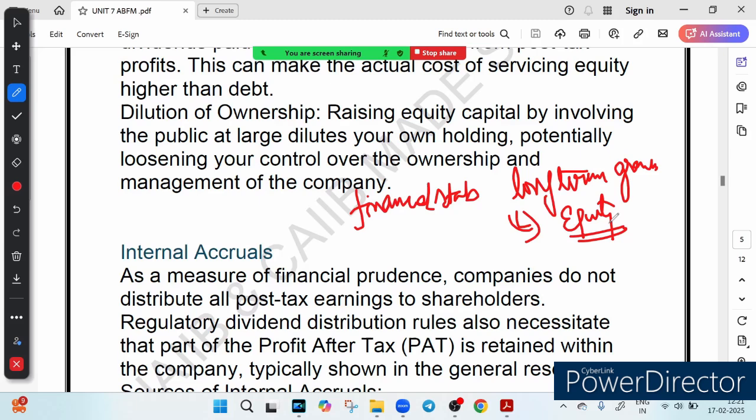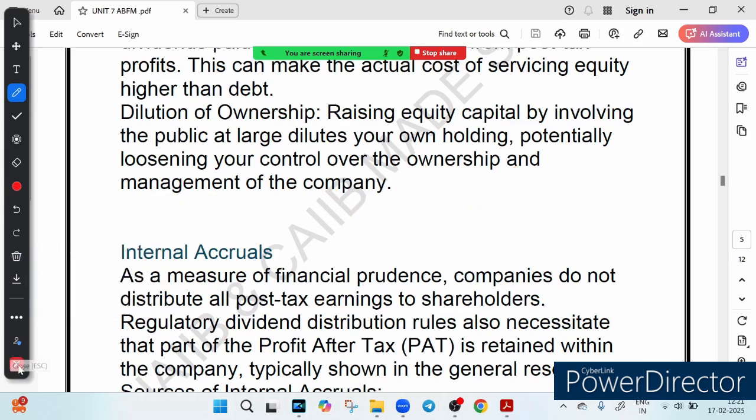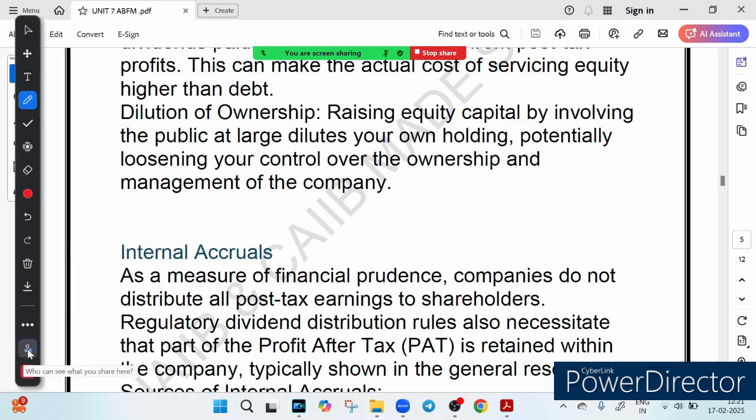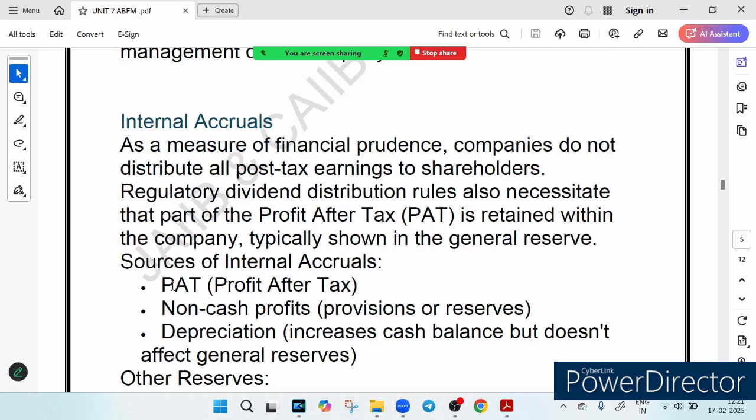While if they want to retain control and lower cost, because equity cost is higher, then a debt loan may be better. So the smartest approach is a balanced mix of both, using equity for stability and loan for expansion at the low cost. Stability is there in equity, and loan for expansion at the low cost. So this mix is very important.